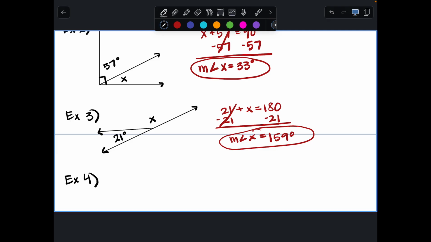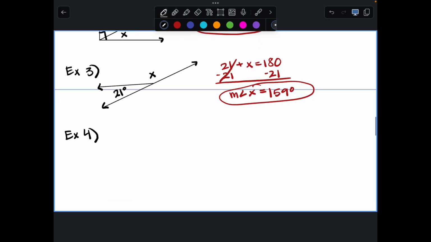Okay, last example, I'm going to give you two intersecting lines. So we have angle A and angle B. A is 6x plus 2, and B is 82 degrees.